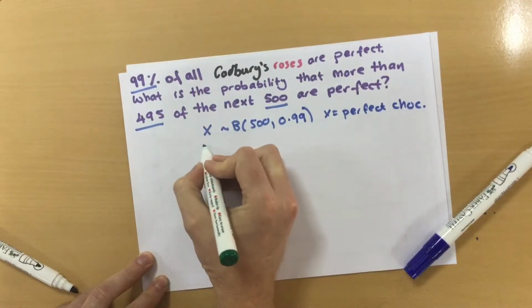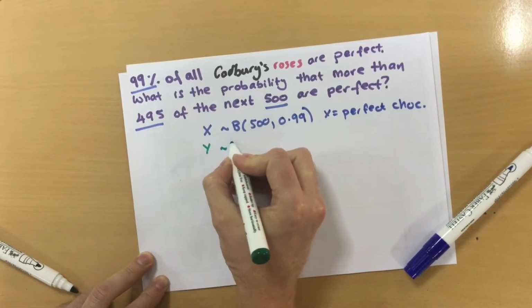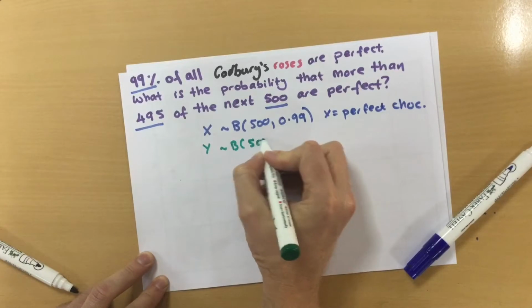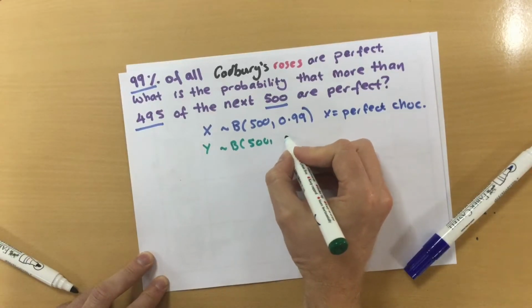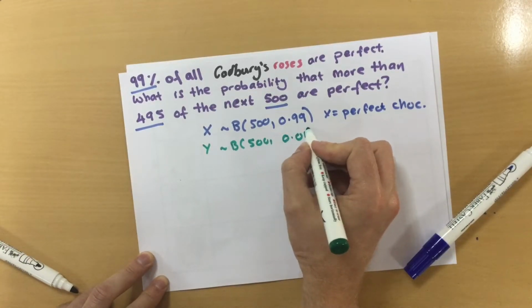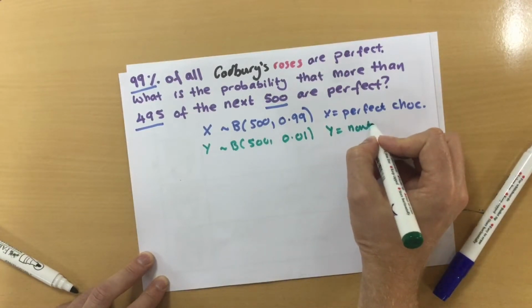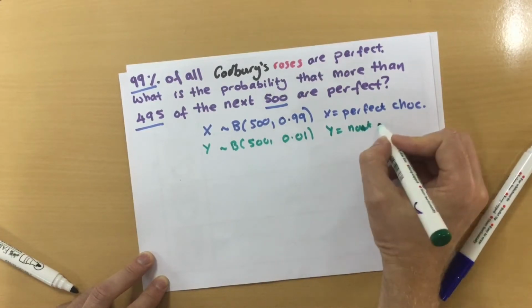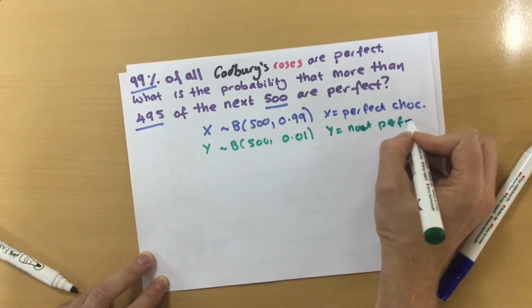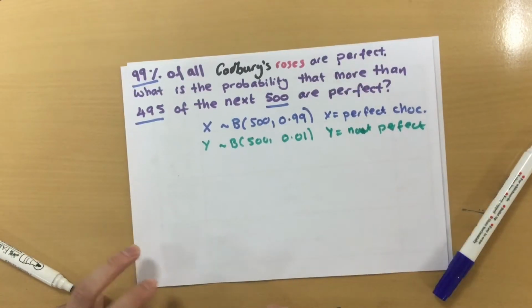Now, we use a complementary: we still have 500 trials, but now we're looking at not perfect chocolates.